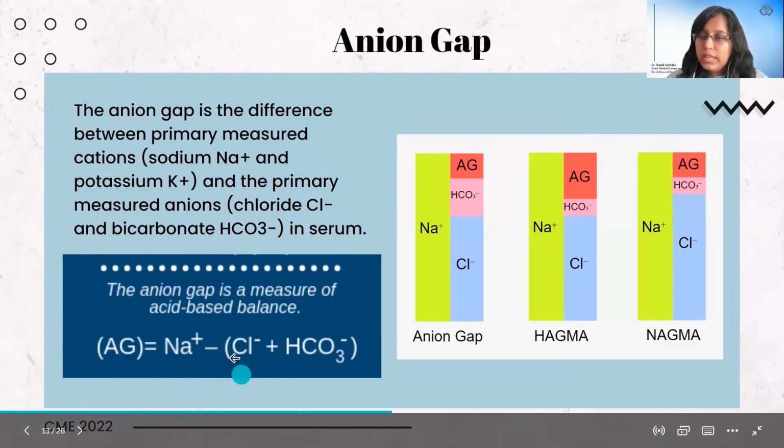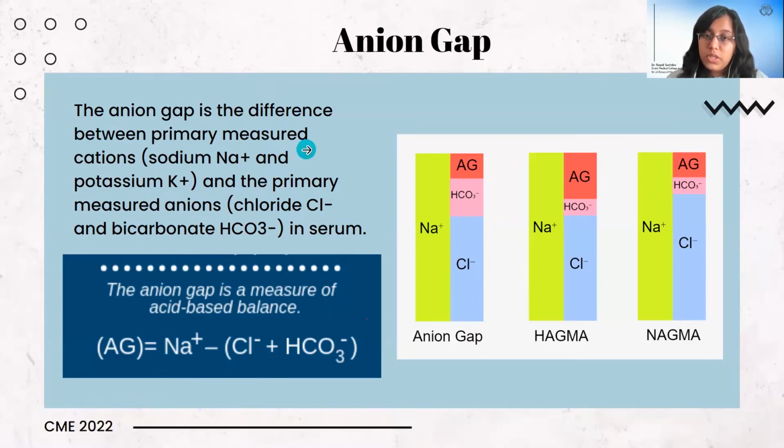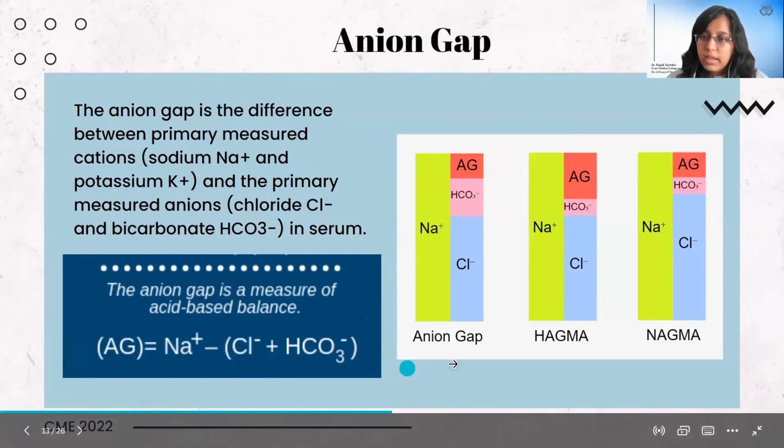Now, why we have only considered positive in the formula is because the major positive ion, the major electrolyte in your body, is sodium. We always focus more on sodium because it is more in quantity and has a greater effect on the anion gap and on this compensation, right?